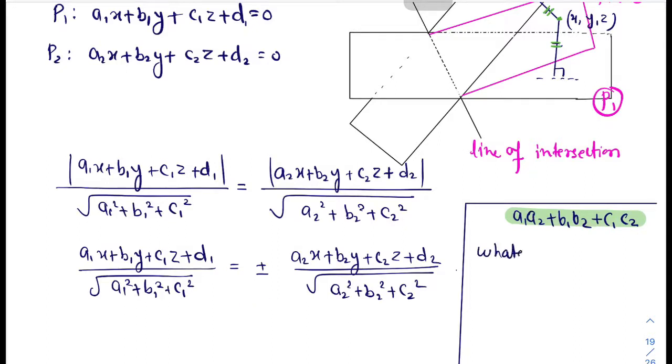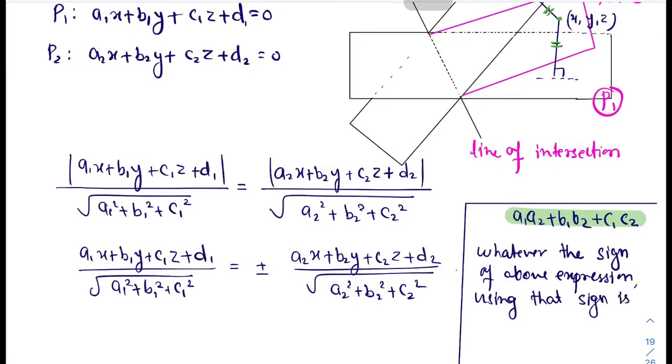Let me write: whatever the sign of the above expression, using that sign you are going to get the obtuse bisector.